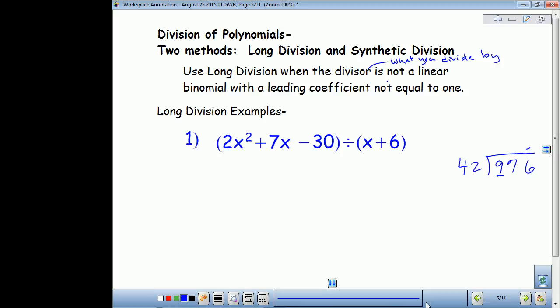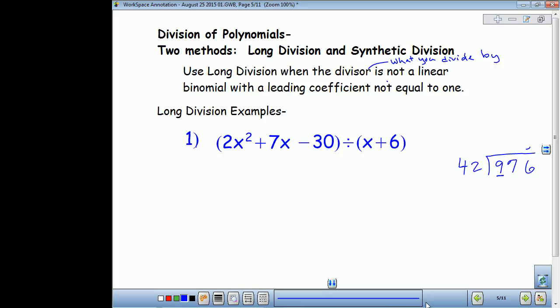Now, we're going to use long division in here when our divisor is not a linear binomial with a leading coefficient that is not 1. So if we had a divisor that was a linear binomial with a leading coefficient of 1, we probably wouldn't choose long division, we'd choose synthetic.